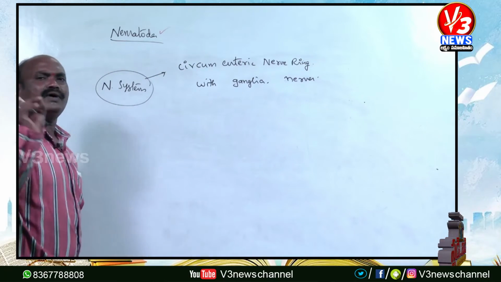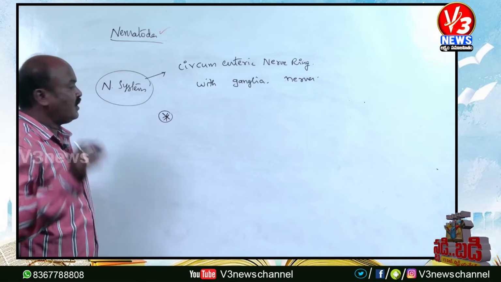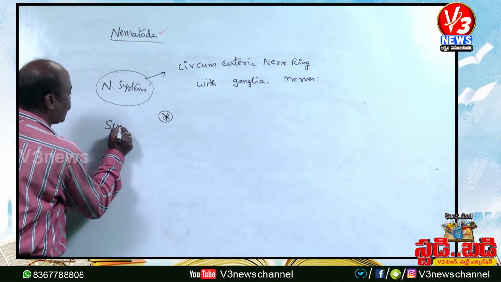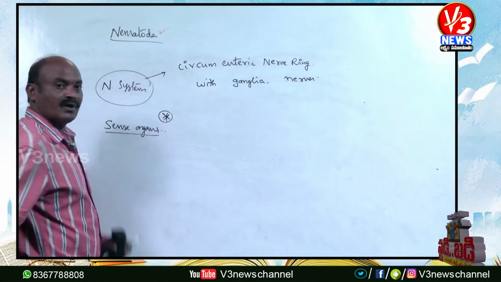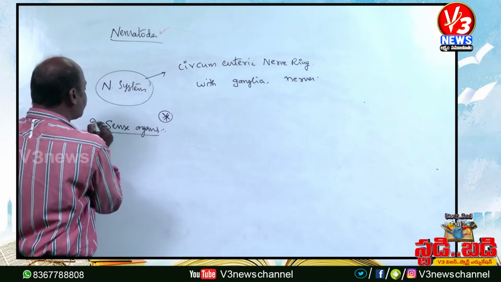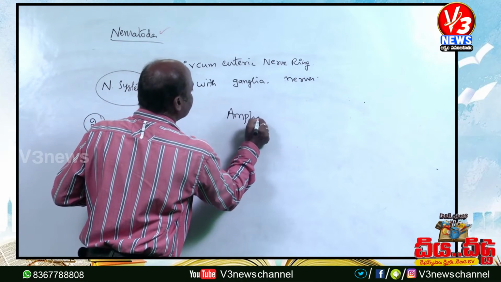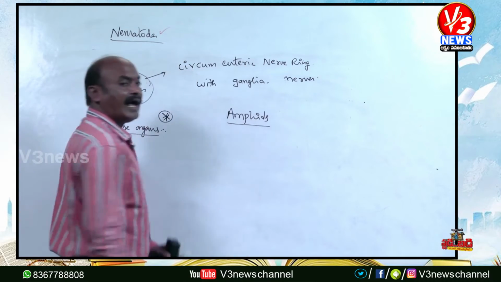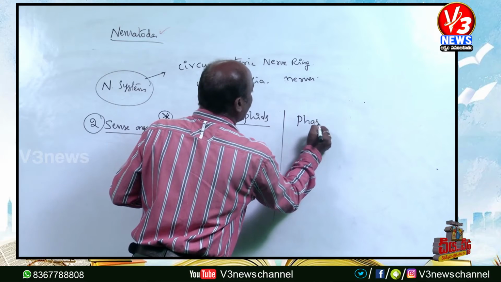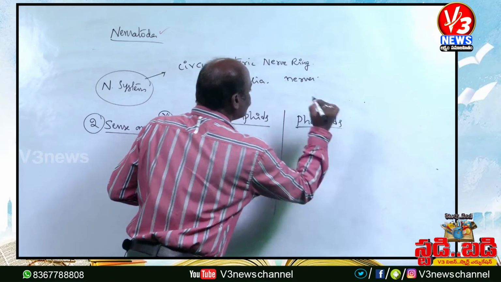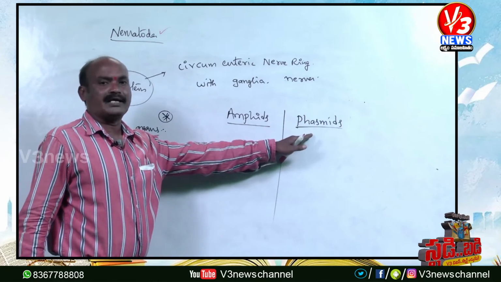Here is a very important point regarding the sense organs. There are two types of sense organs. One type is amphids and the other type is phasmids.